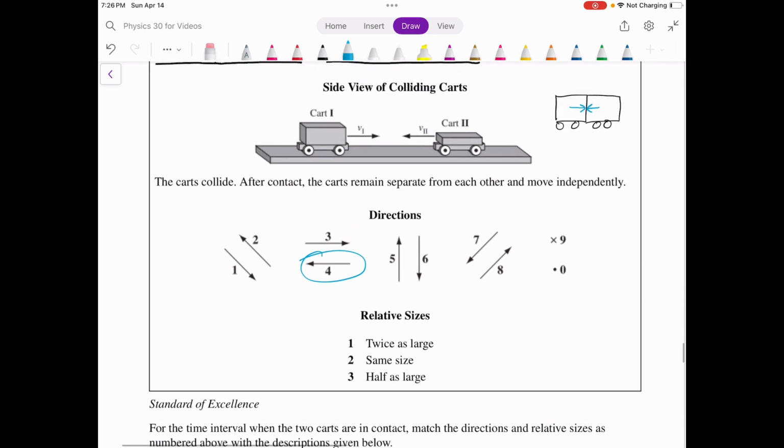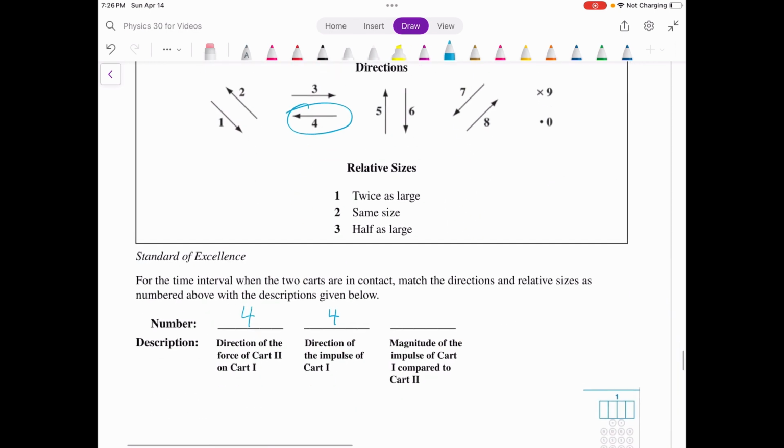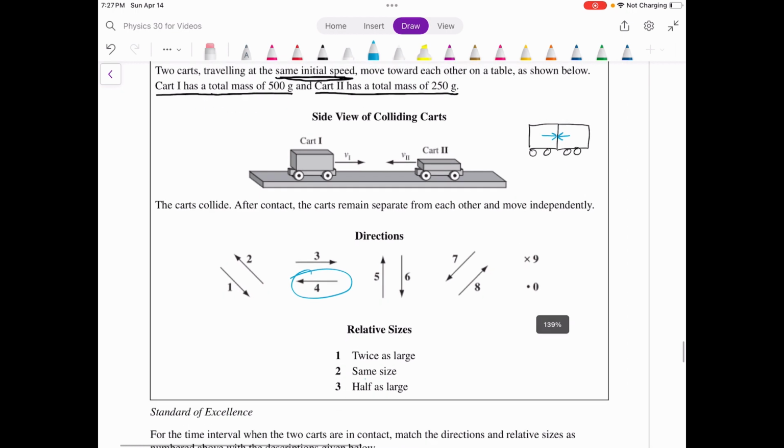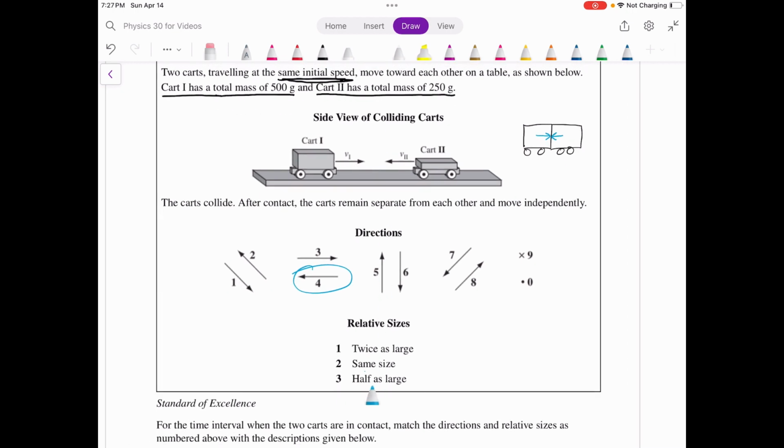Now this is the one that most students missed. This was a question that was flagged as students didn't do very well on this on the diploma. And for most students who got it wrong, they got it wrong because of this. So the magnitude of the impulse of cart 1 compared to cart 2. A lot of students said that cart 1 would have either half as large of an impulse or twice as large of an impulse.